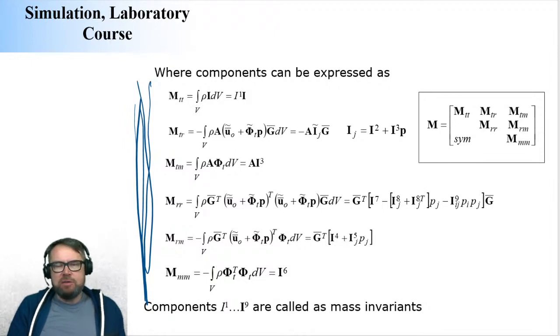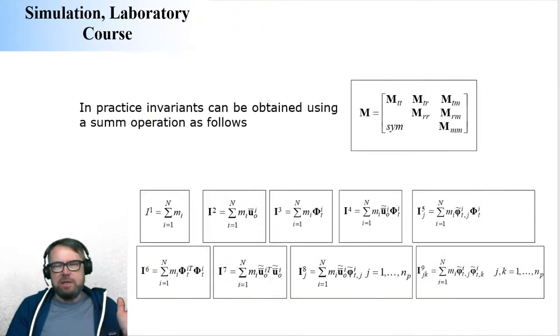There is a total of nine mass invariants, which, like the title implies, are the components that remain constant during the simulation. But still you can either ignore them or take them into account. What they mean to you is how well you couple the finite element and your multi-body system dynamics.